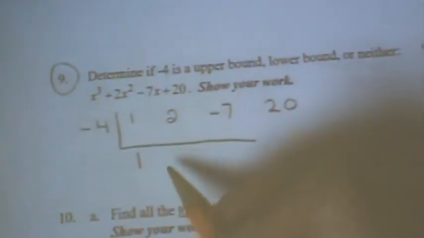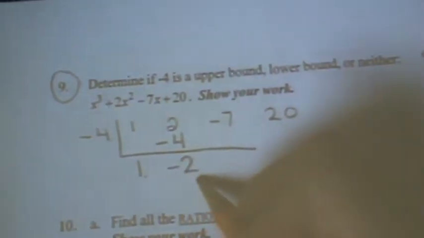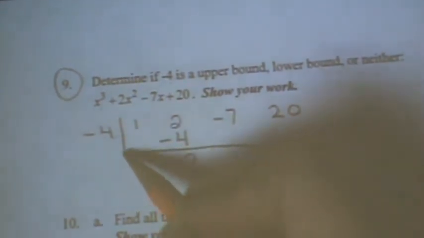So let's see. I'm bringing down the 1. -4 times 1 is -4. And I add, I get -2. -4 times -2 is 8. So far, so good.